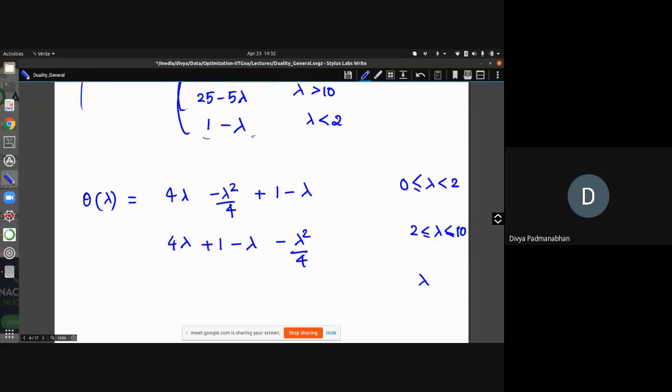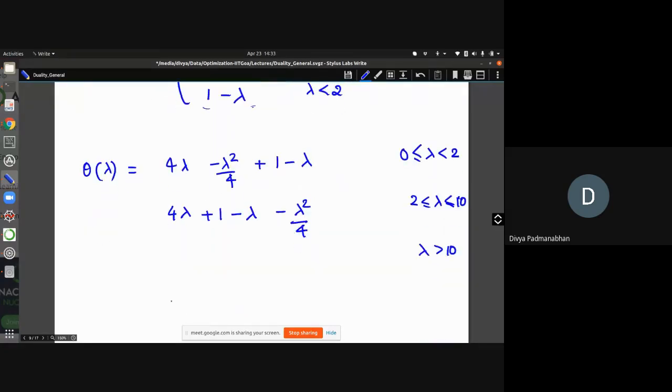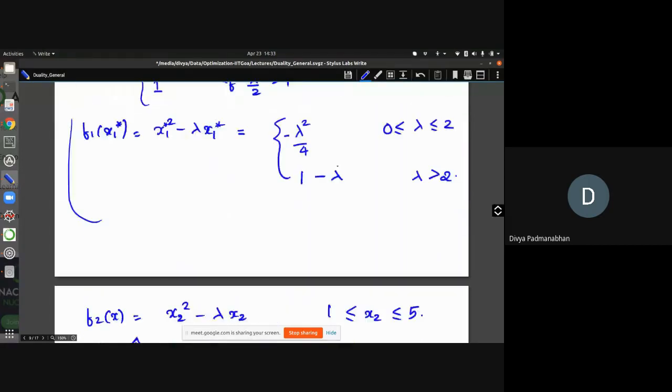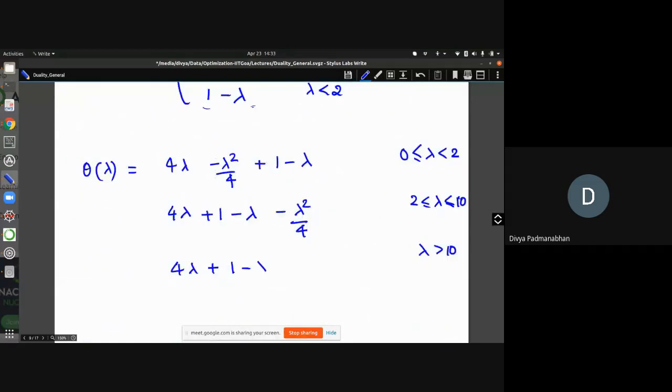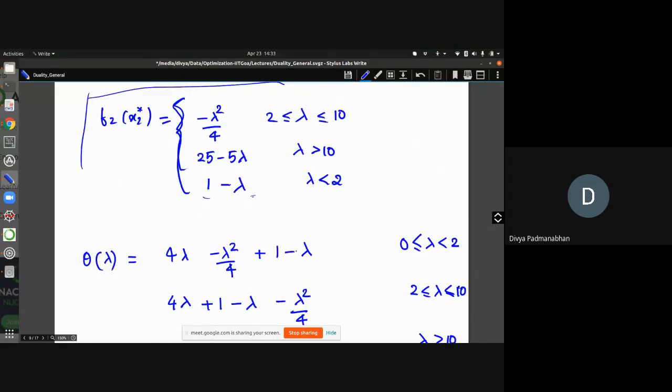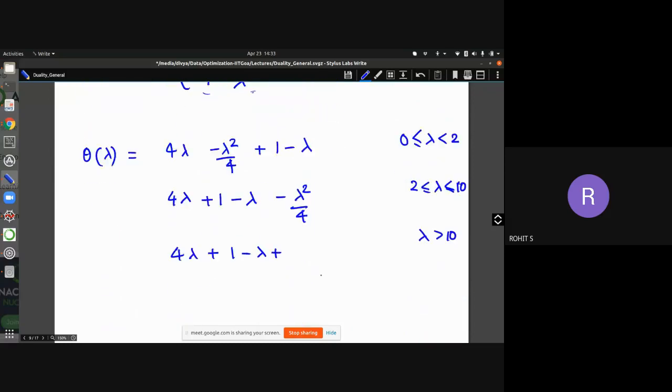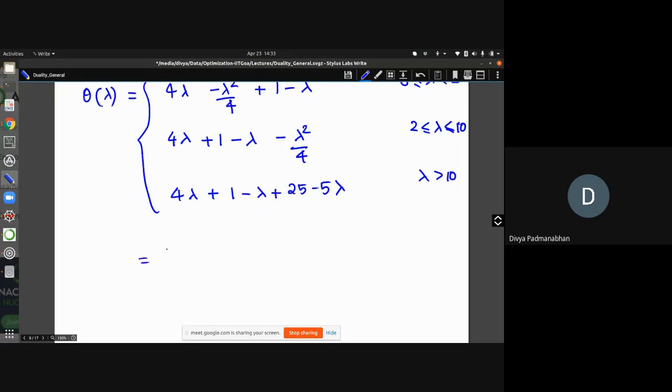And for lambda greater than 10, the 4 lambda is still there, plus in terms of f1 you get 1 minus lambda, and f2 will give 25 minus 5 lambda. Okay, so this is the dual function, and you can simplify it further.